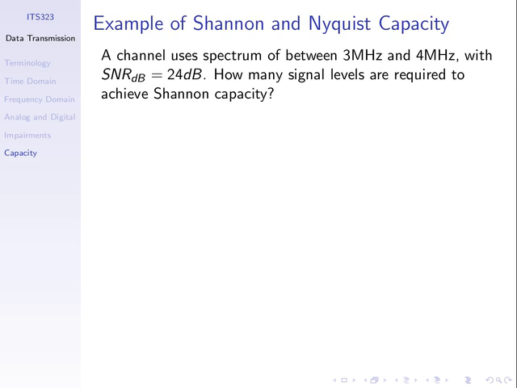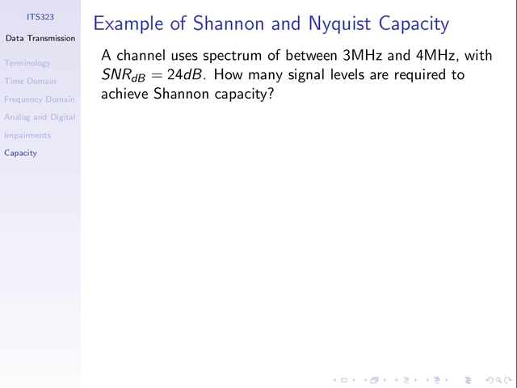So we know something else, the Nyquist capacity, 2B log base 2 of M. This M is what we want to find. We want to find the number of levels needed. Now we can see our approach should be: find the Shannon capacity based on B and the signal-to-noise ratio.